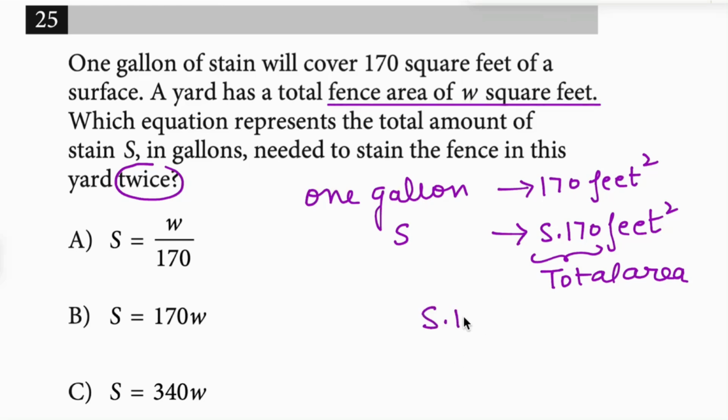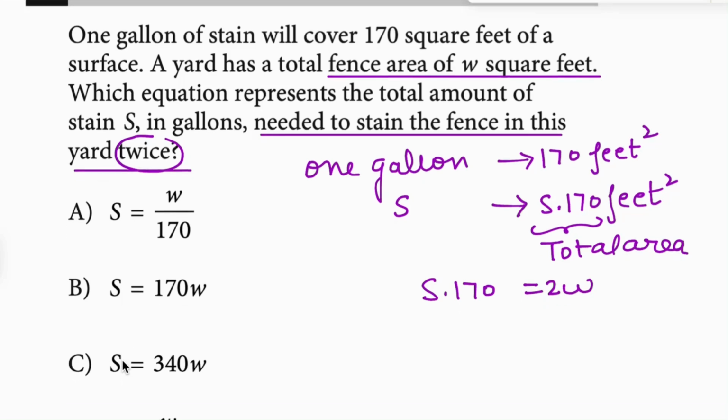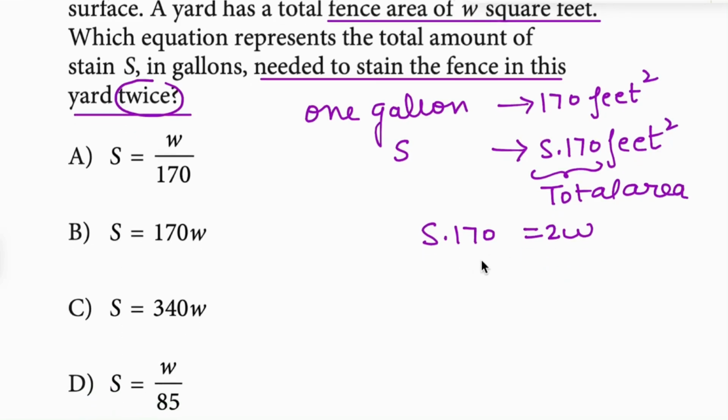So S times 170 is actually W. But it needed to stain the fence in the yard twice, so 2 times this area has to be covered, right? What we need is an equation in terms of S. So what should we do? Divide by 170 on both sides. 2W by 170, or W by 85. Okay, so D is the right option.